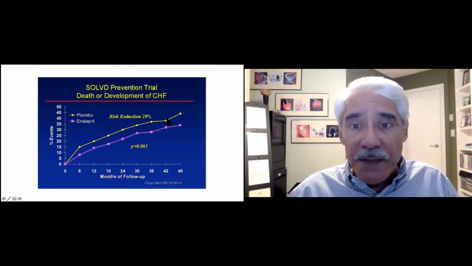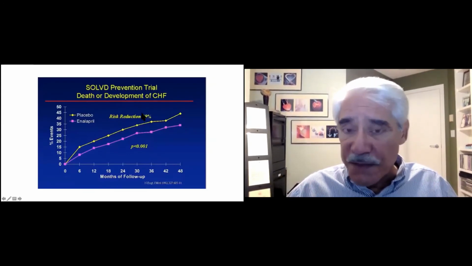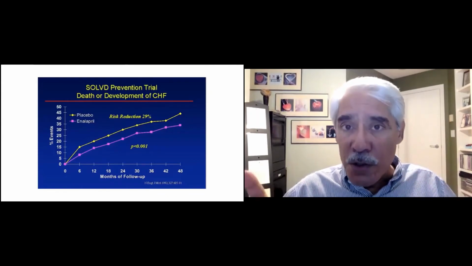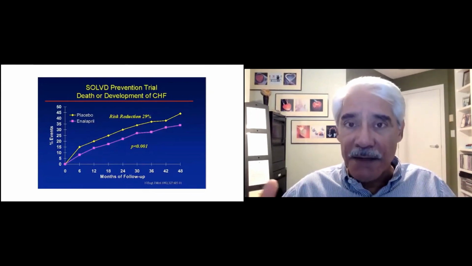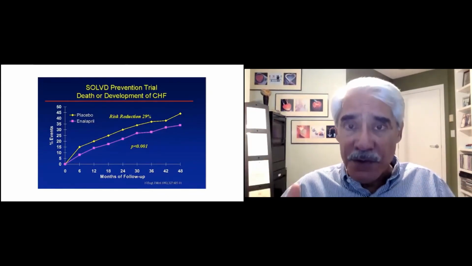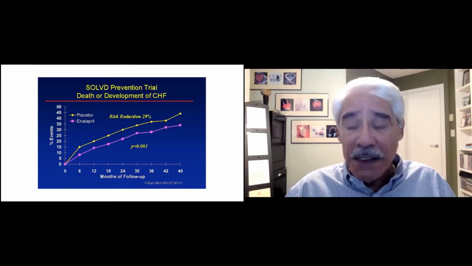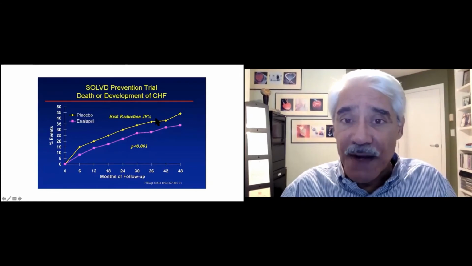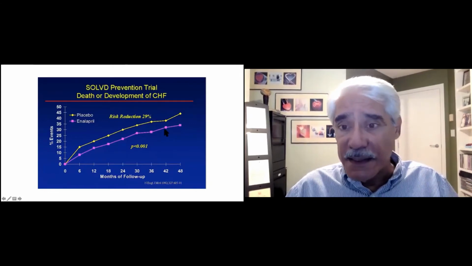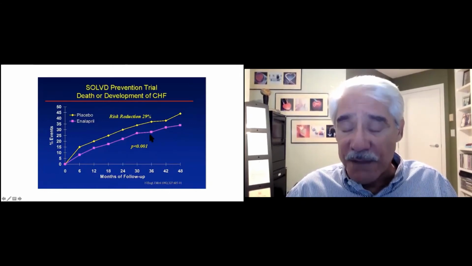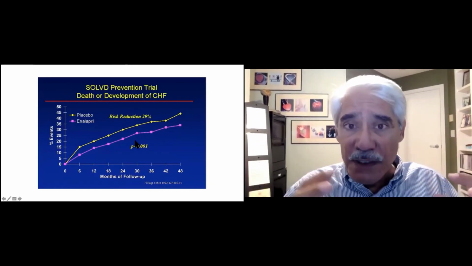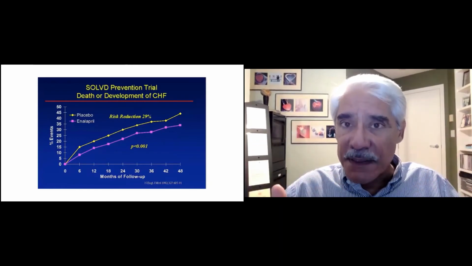And when we looked at patients with low ejection fraction who did not have clinical congestive heart failure, they had no symptoms, but the left ventricular ejection fraction was low. In those cases as well, ACE inhibitor therapy improved survival and decreased the need for hospitalization for heart failure. So it is the systolic dysfunction that the ACE inhibitor helps.